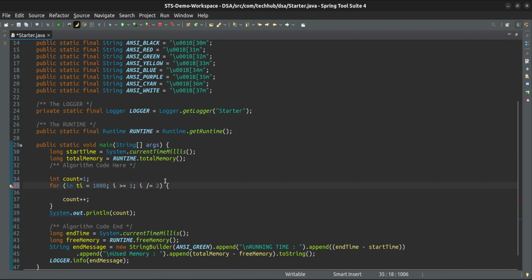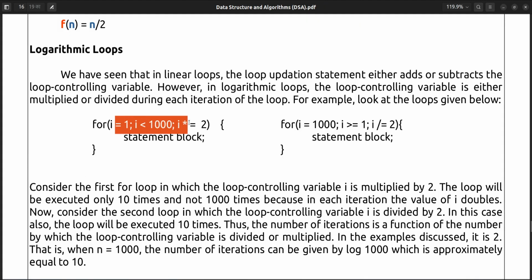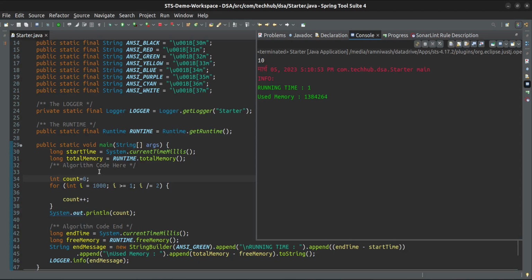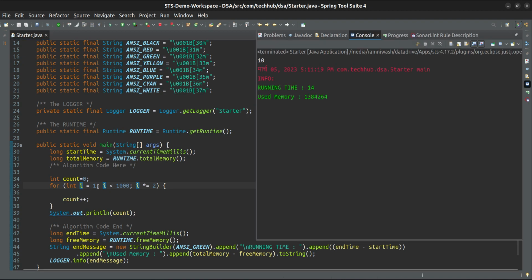This time also it will be executed 10 times only. Either it is doing a multiplication or a division, it will be executing for 10 times.